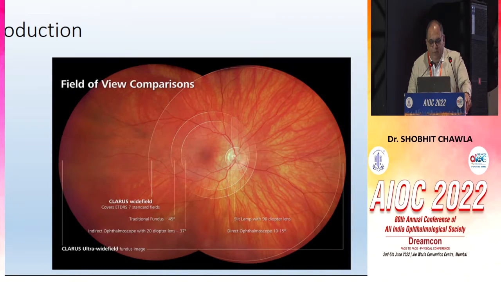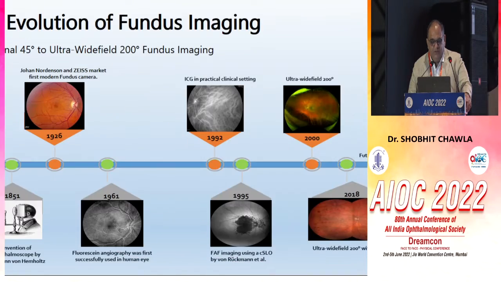So when we compare the various views, we have the slit lamp view, the direct ophthalmoscope view, the indirect ophthalmoscope, the traditional fundus view, and the Clarus wide field, and the ultra-wide field imaging views, which are commonly used, and also the Optos.